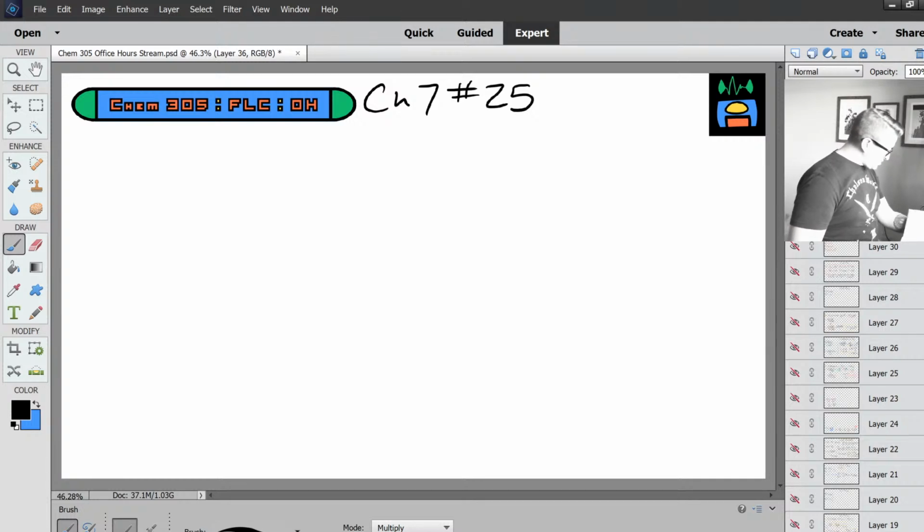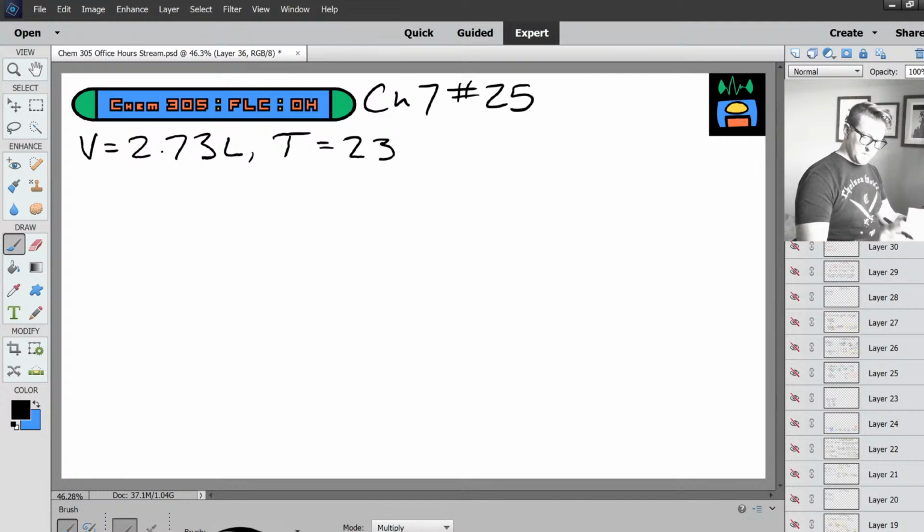At atmospheric pressure, a sample of H2 gas has a volume. Okay, so I'm just going to start writing things. We got a volume of 2.73 liters. We got a temperature of 27 degrees Celsius.